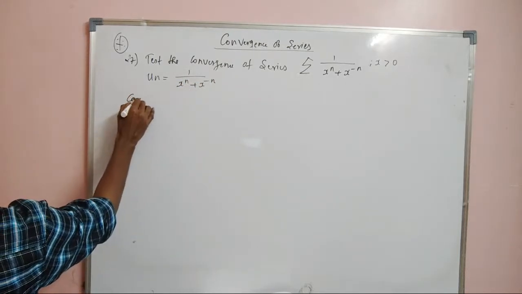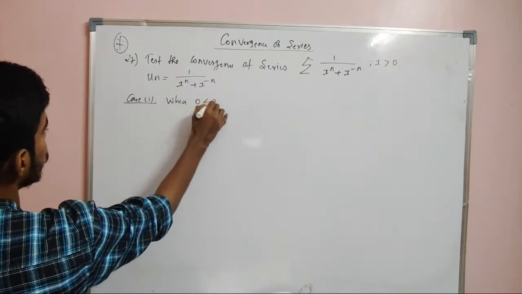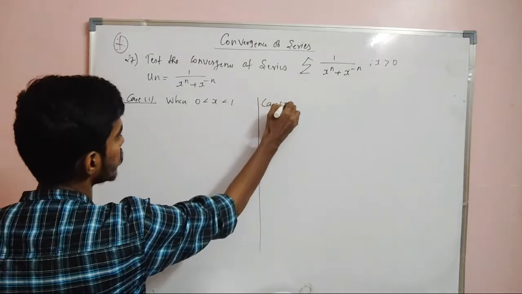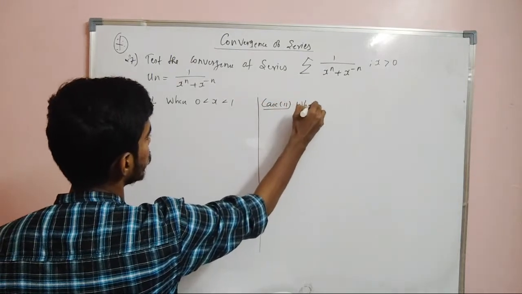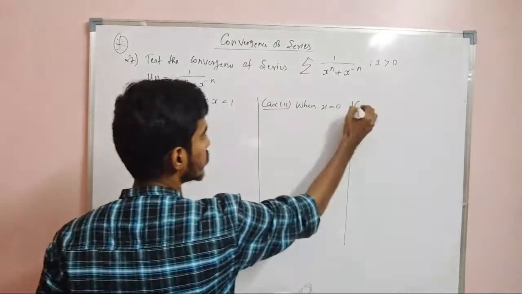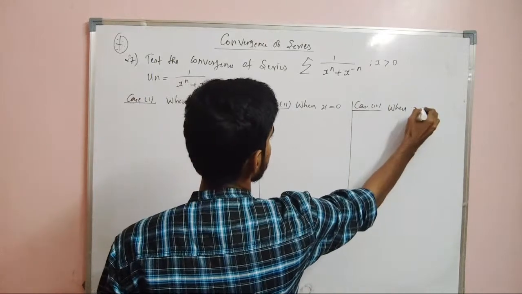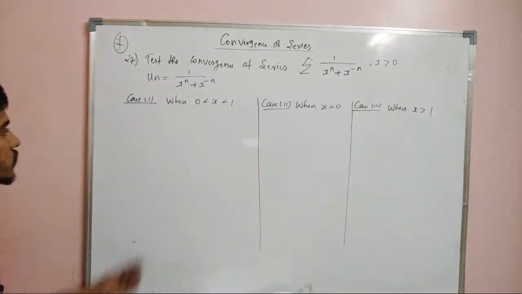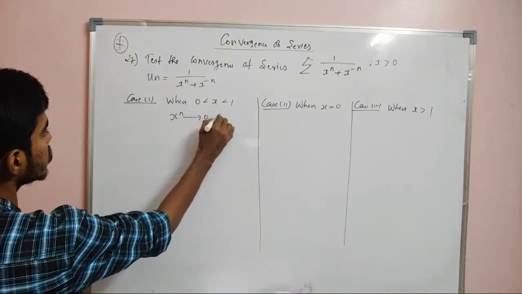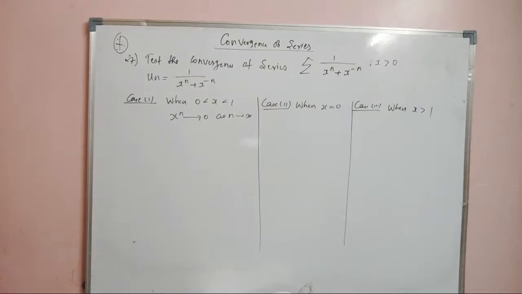Again, by case 1, when 0 is less than x is less than 1, case 2, when x is equal to 0 or 1, and case 3, when x is greater than 1. So when 0 is less than x less than 1, x power n tends to 0 as n tends to infinity, because x lies between 0 and 1.